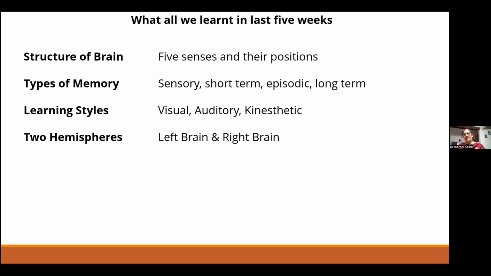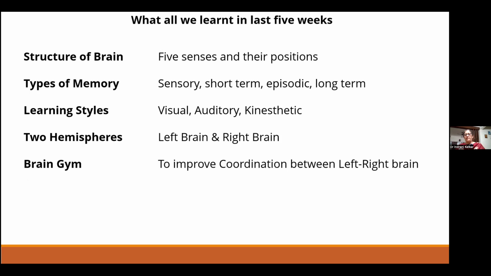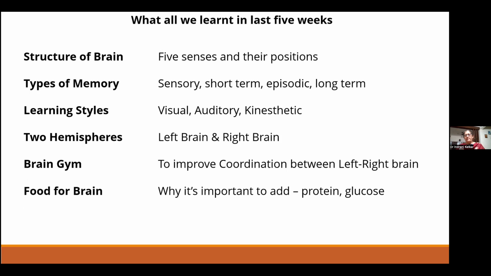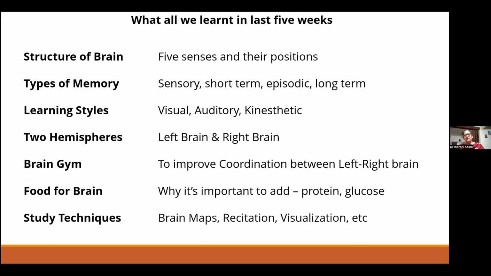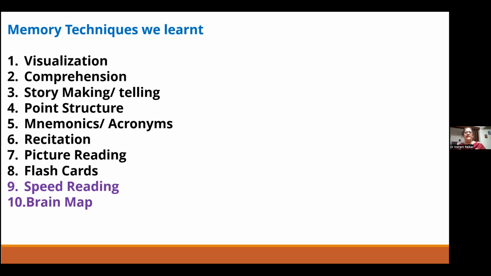If there is a good balance, then life is going to be much easier for you. So brain gym will improve the coordination between left-right brain, which impacts your learning style. Then food for brain, it's important to have protein and glucose. We have learned this. And in study techniques, we learned a lot of it: brain map, recitation, visualization, and 9-10 different techniques we studied. We'll look at them separately now.